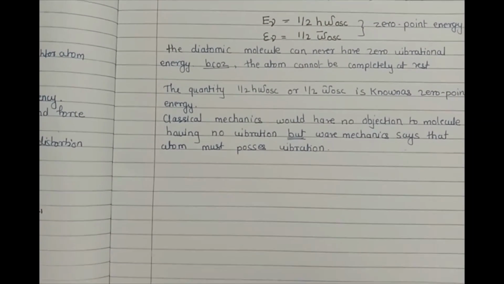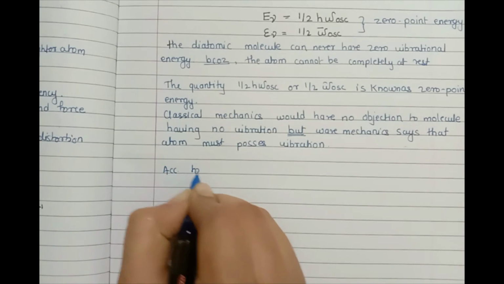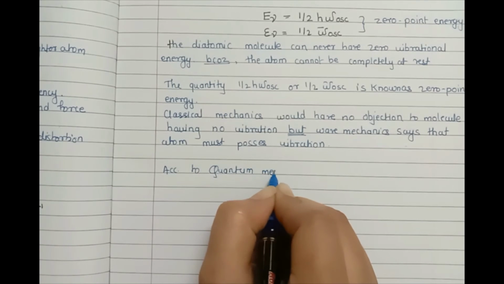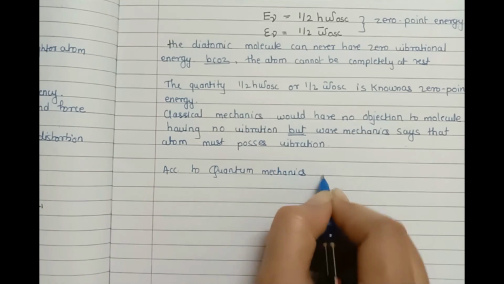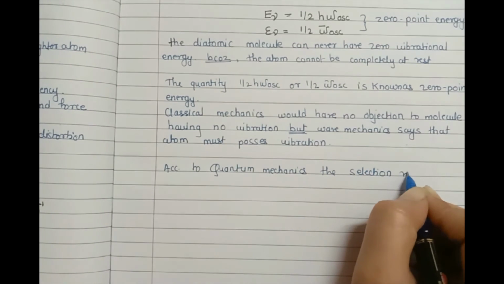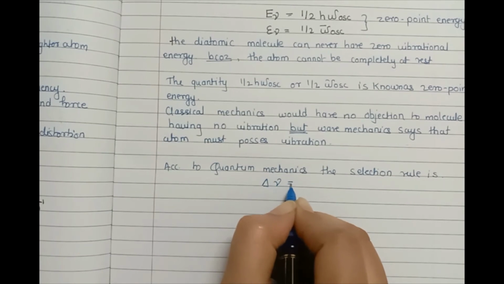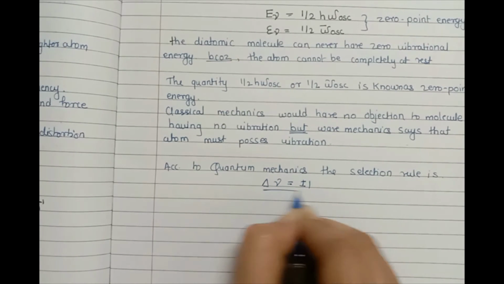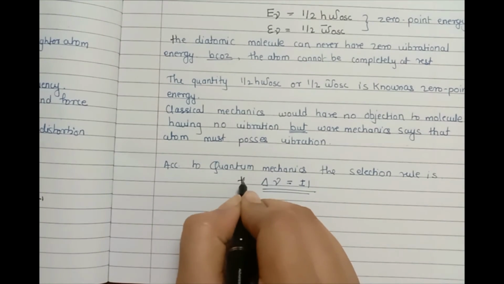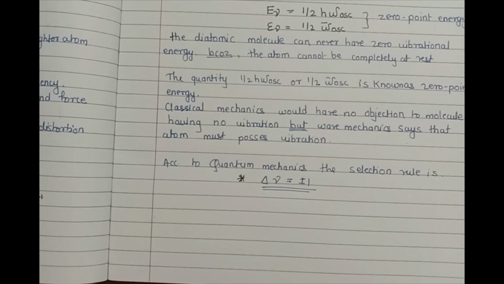So now according to quantum mechanics, the selection rule is delta nu is equal to plus minus 1. So star this. Here comes the selection rule. You have to remember all the selection rules for each and every spectroscopy.